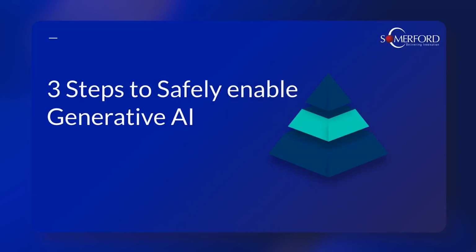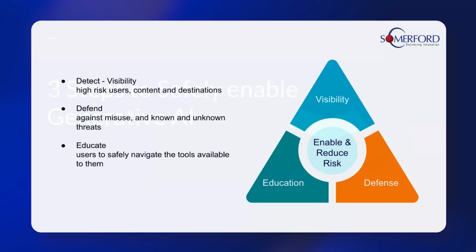So how can we safely enable the use of Gen AI within our organizations? Because it's a great tool, but we need to use it safely. So we're looking at enabling the use of it whilst reducing risk. We need to have visibility into what's going on in our organization.